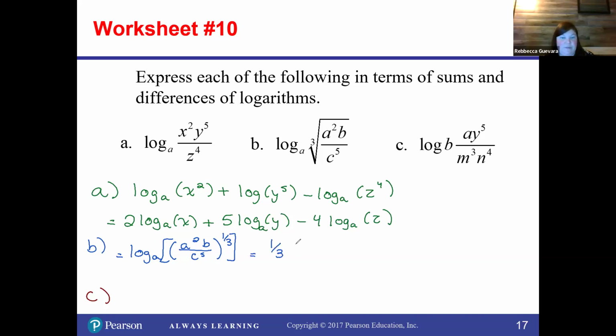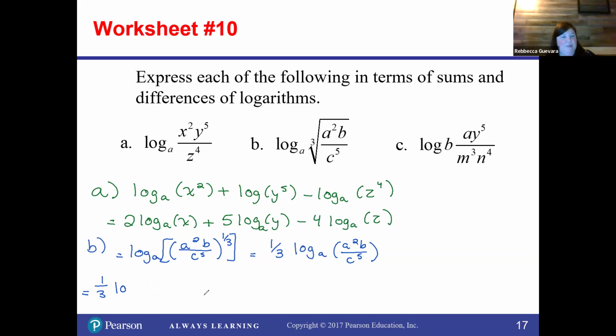So it's 1/3 log base a of a squared times b over c to the 5th. The next part is we just break this up. Because each one of these is going to have a 1/3 out front.